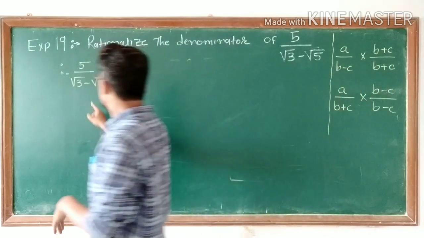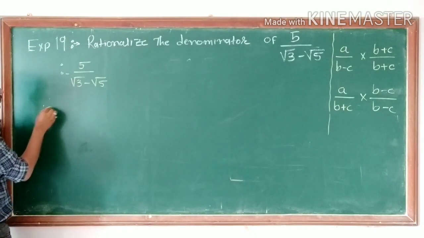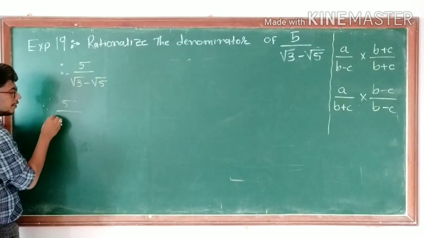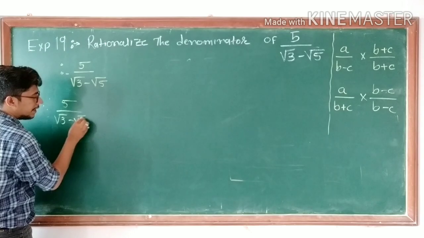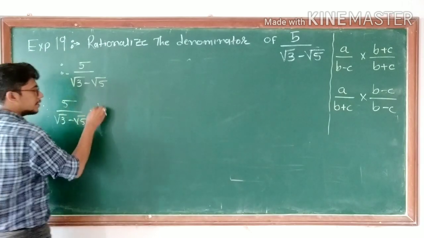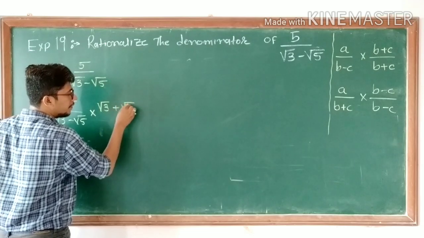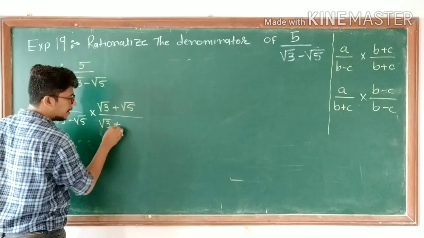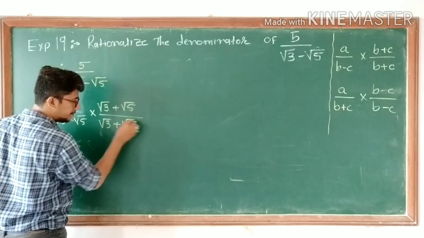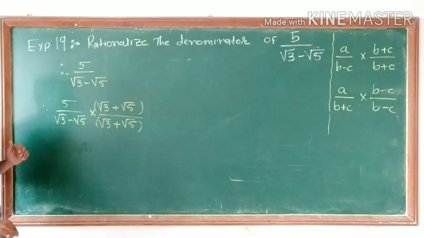So 5 upon root 3 minus square root of 5, multiply with square root of 3 plus square root of 5, whole divided by square root of 3 plus square root of 5. Can we write like this? Yes, we can.